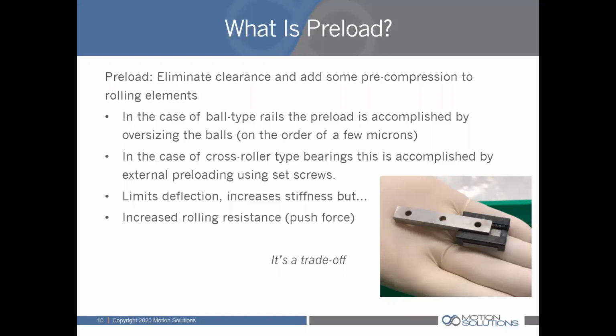The factory will grind in that, basically they're shooting for that nominal size, but of course they have grinding tolerances. So you have a resulting plus or minus tolerance on the rail, a plus or minus tolerance on the block. And so when you put that nominal ball in there, it may be tight or it may have clearance. So how does the factory accommodate that?